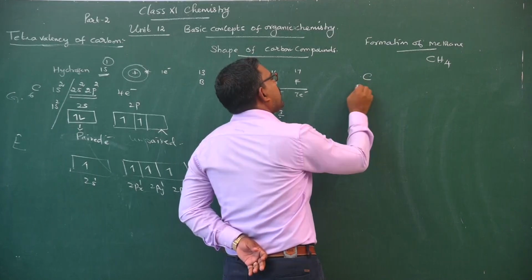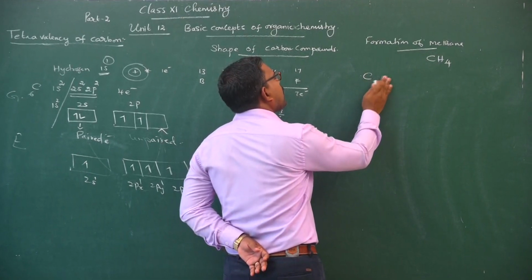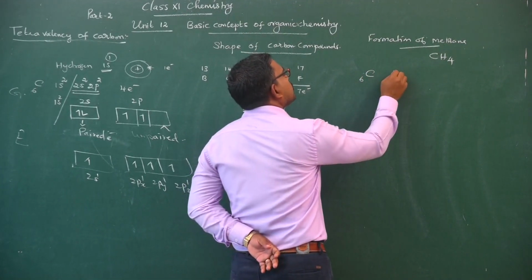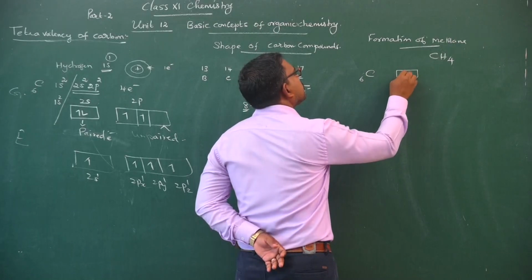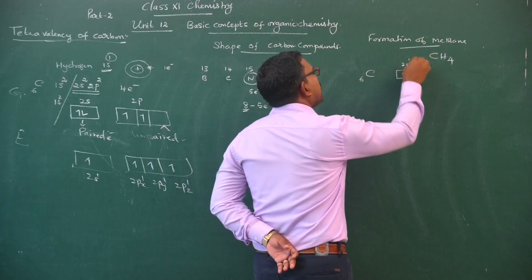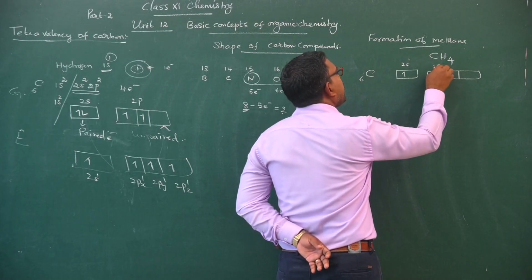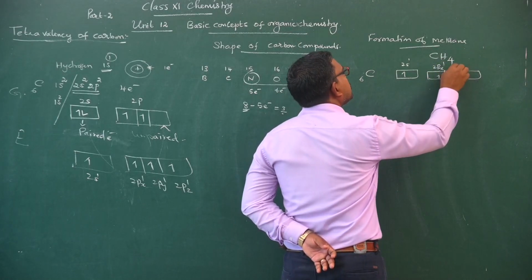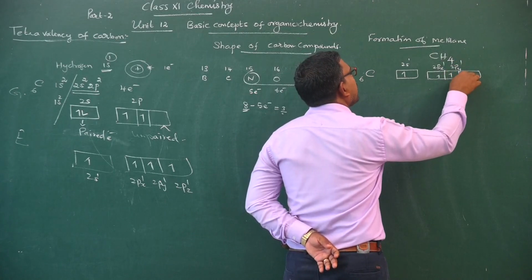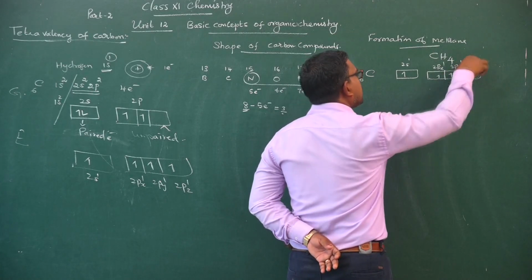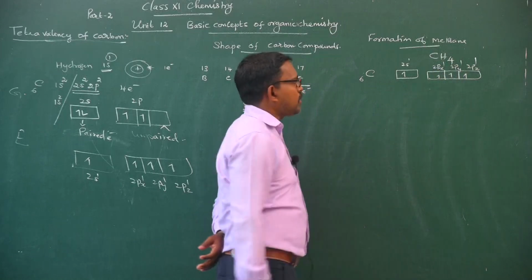Listen, the carbon outer valence shell configuration is 2s1, 2px1, 2py1 and 2pz1, so 4 unpaired electrons.